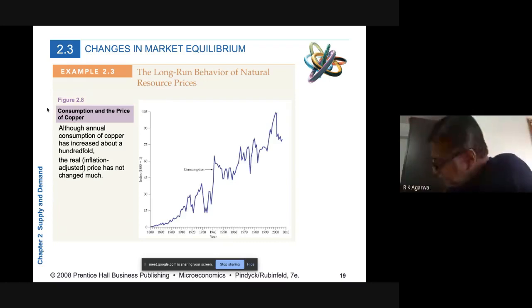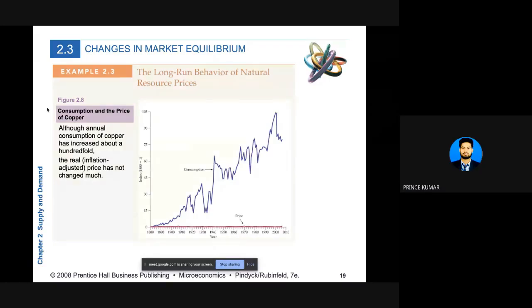Sir, in an early slide you discussed the supply curve shifting and the cause being a decrease in price. So is the same thing applied in a monopoly market, sir?